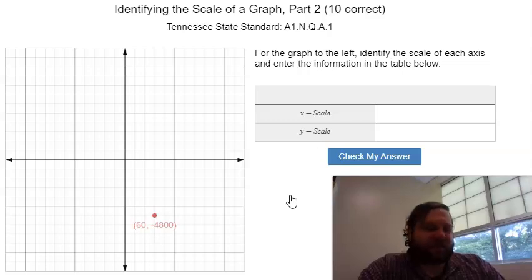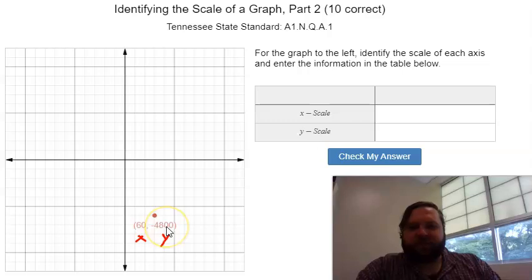So let's take a look at this one right here, and we'll see if we can't figure out how to do this together. So I've got my coordinate, and I know 60 is the x coordinate, and negative 4,800 is the y coordinate.